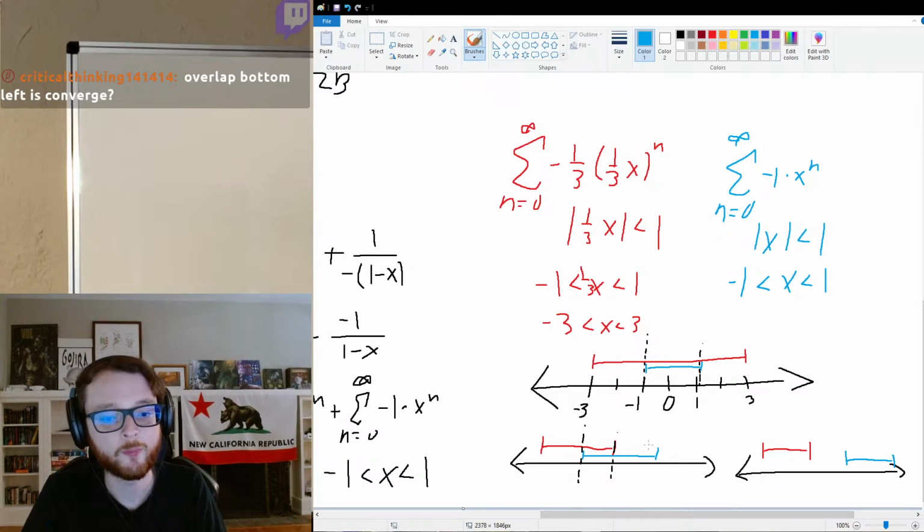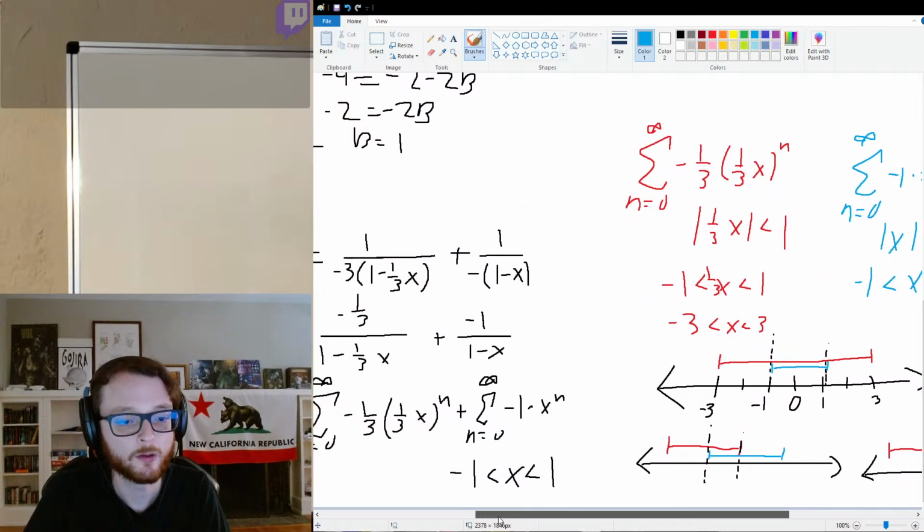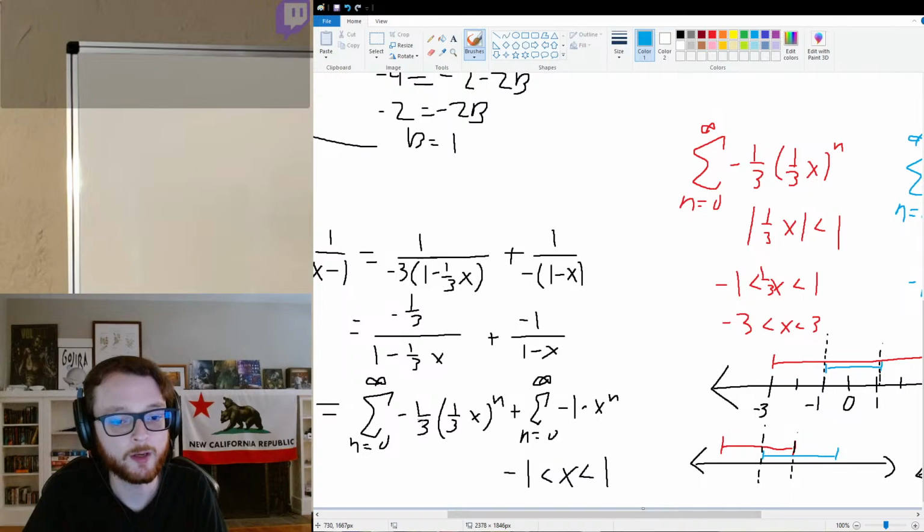All right, for this example I made up here, this would be convergent between those two things, and divergent everywhere else. Because if one of these series blows up to infinity, it messes up the entire thing. So they both have to converge at the same time.